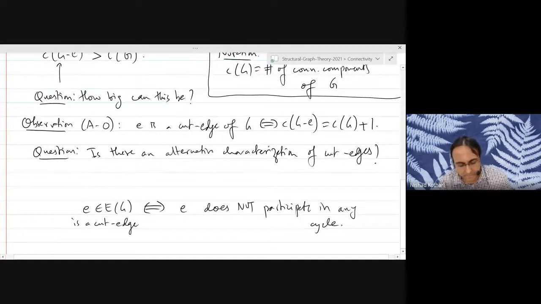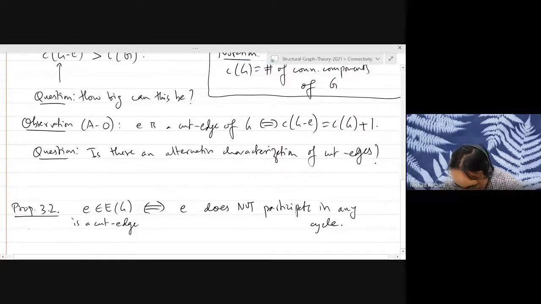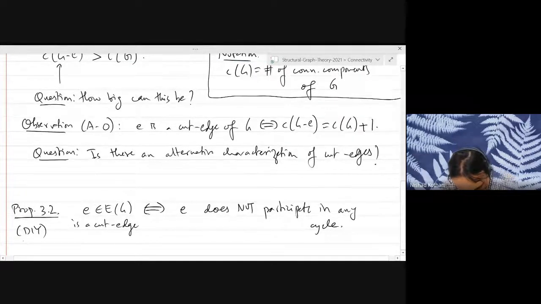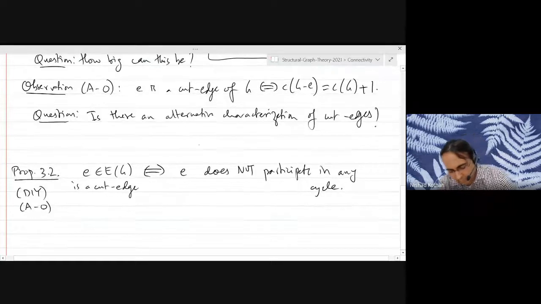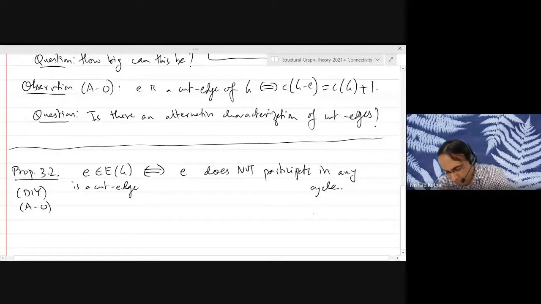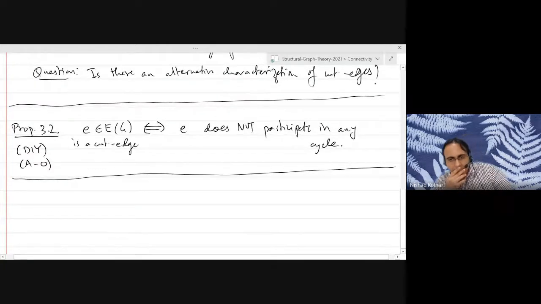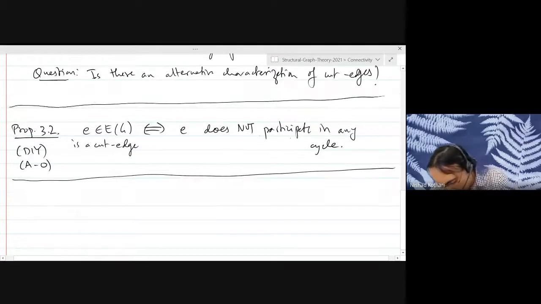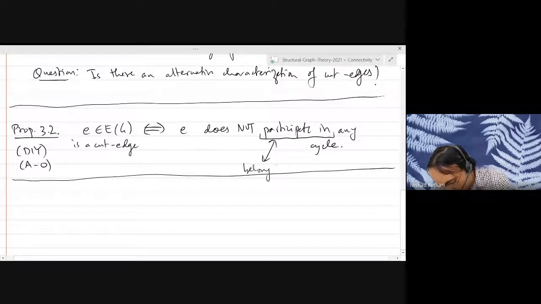This is proposition 3.2, and it was already on your assignment 0, so it's do it yourself. That's a very easy statement to prove using elementary graph theory. And when I say does not participate in, I mean it does not belong to any cycle.